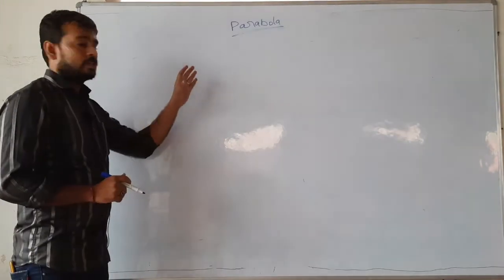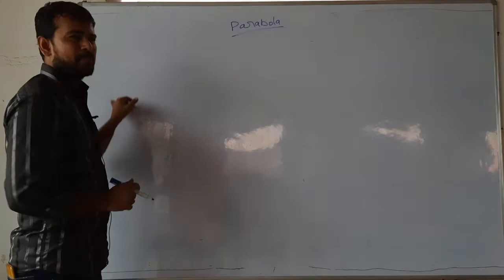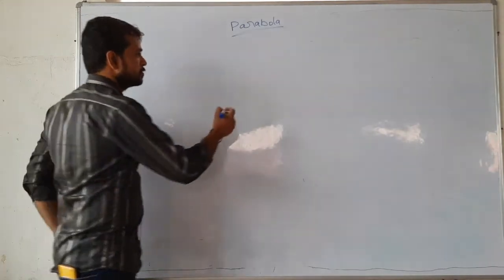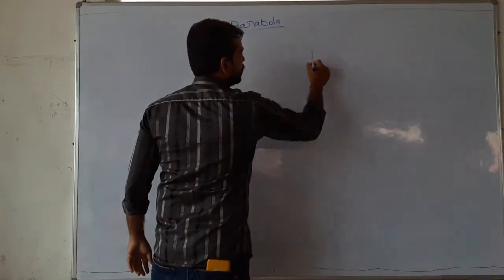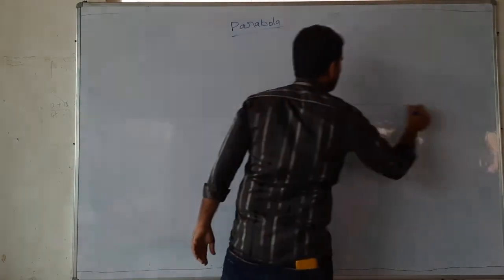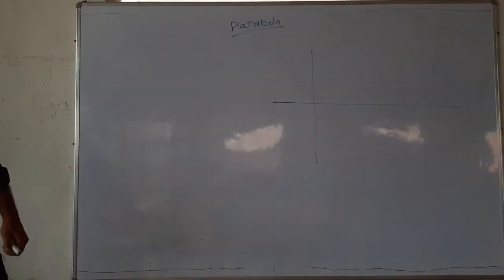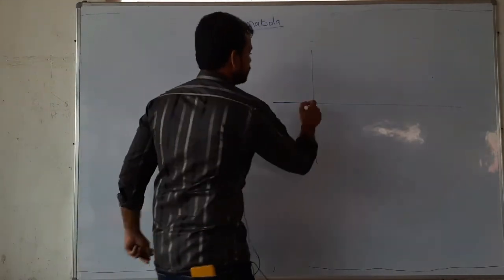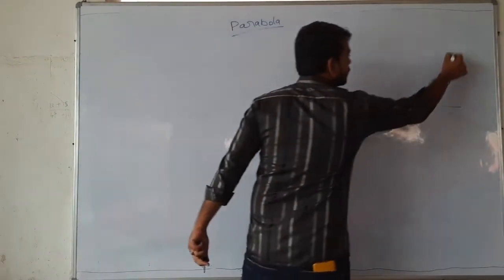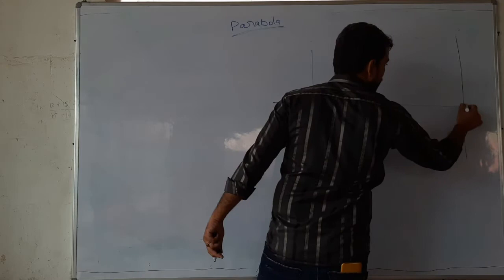Okay, so the next topic is parabola. In parabola there is not much, actually I already discussed parabola. See, this is the parabola, and this is the directrix. Here it will be another directrix.